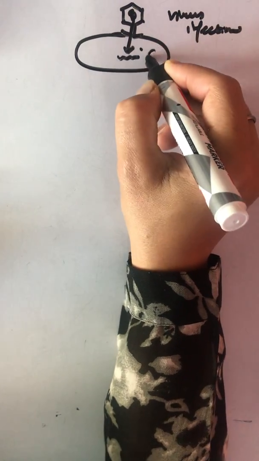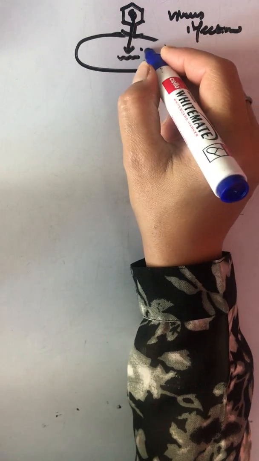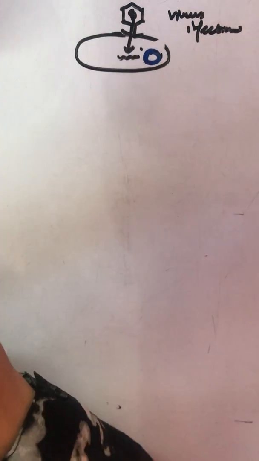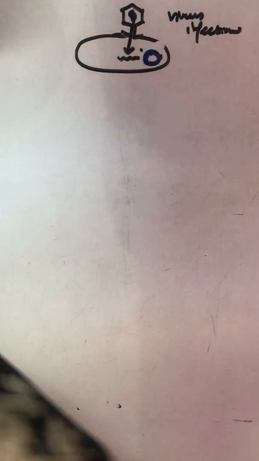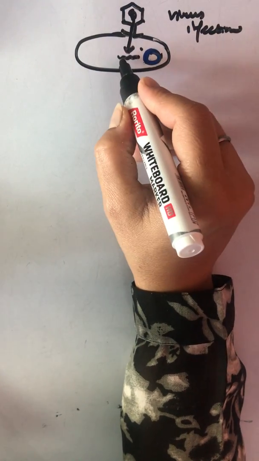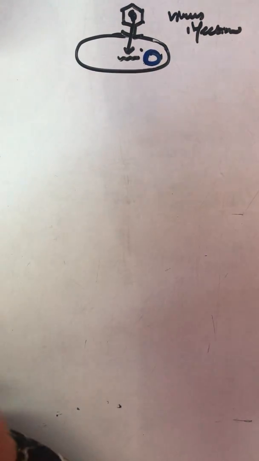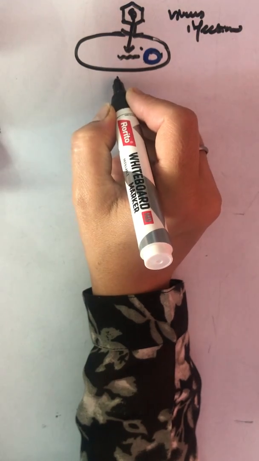This nucleic acid will take over the host cell machinery. Supposedly the cell machinery is this one, the blue one, the nucleic acid of a cell, and this one is the nucleic acid of this particular virus. Now what will happen? It will propagate in this manner.